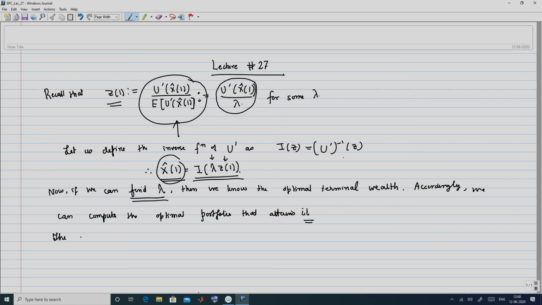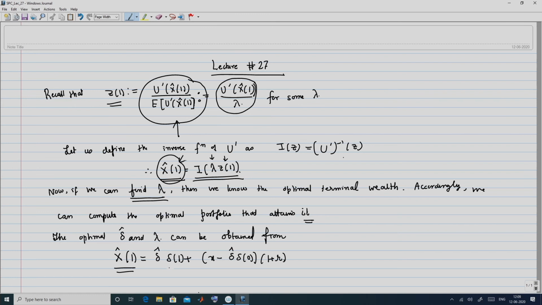So, in conclusion, the optimal delta hat, which is the optimal holding in the stock, and lambda, which in turn will give you your x hat of 1, can be obtained from x hat of 1 equal to delta hat of s of 1 plus x minus delta hat of s of 0 into 1 plus r.